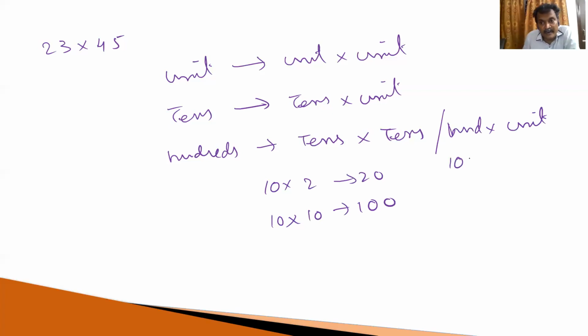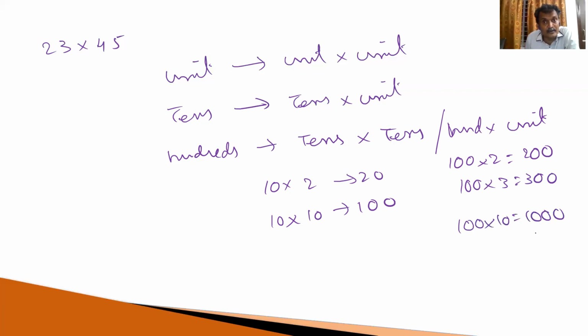Here 100 into 2 is 200, 100 into 3 is 300, and so on. 100 into 10 is 1000. The 100 is the hundreds digit, and the 10 is the tens digit. To find the thousands digit, just multiply the hundreds digit with the tens digit. I think all of you know this concept, just the place value of the numbers.